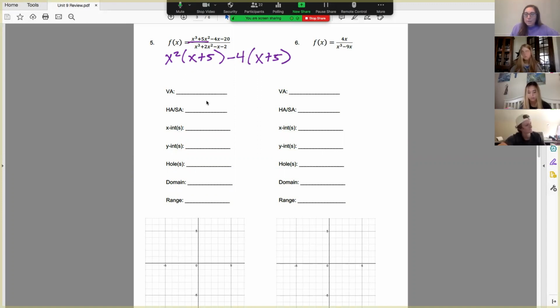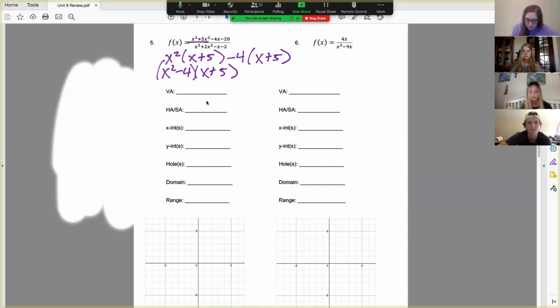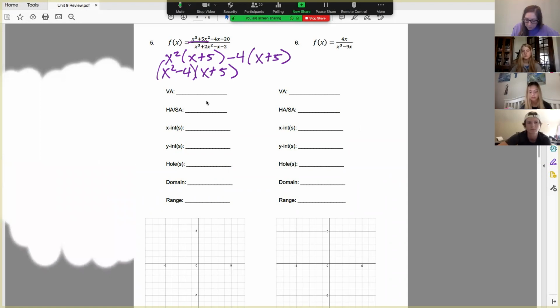So I end up getting x squared minus 4, x plus 5, which I can factor again to be x plus 2, x minus 2, x plus 5.